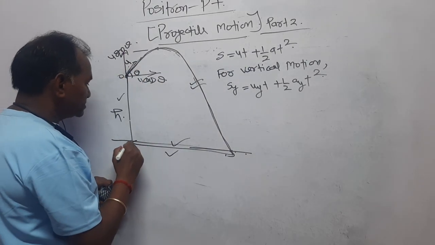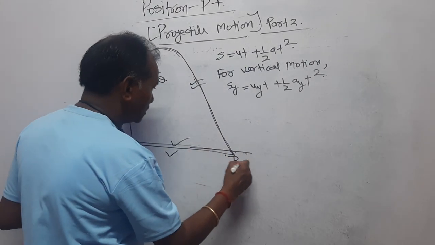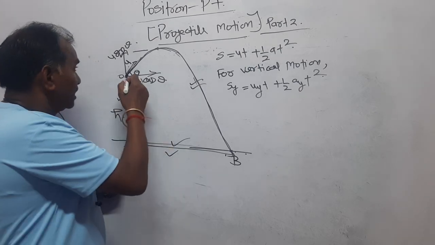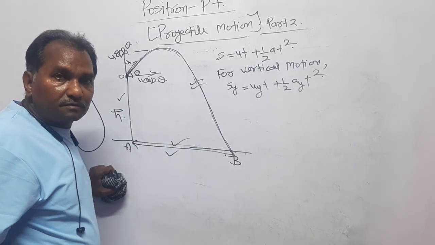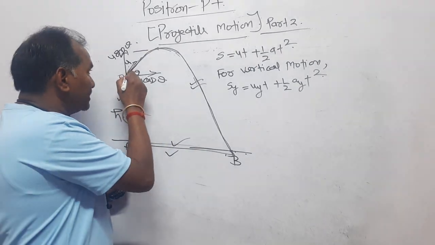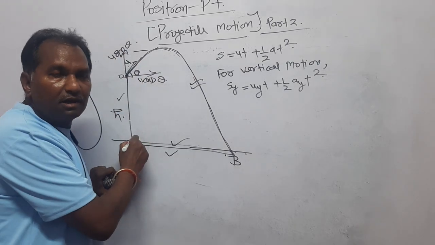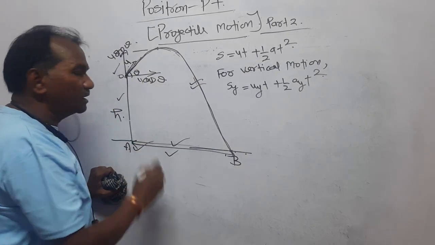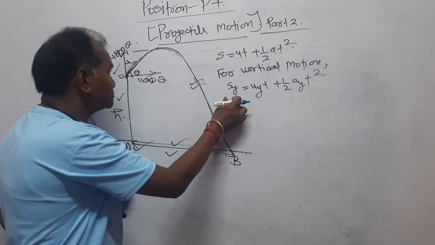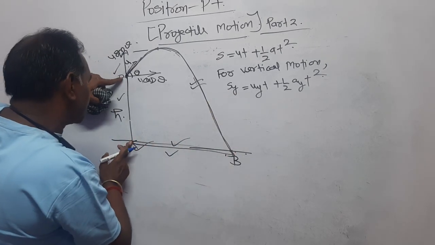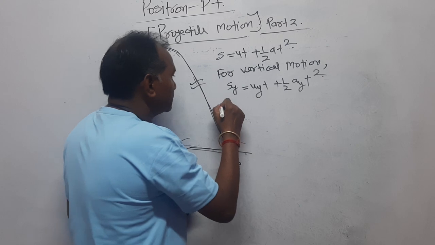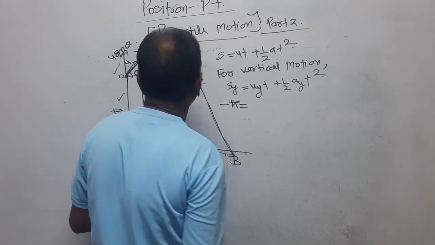So here is a point on the x-axis. On the vertical plane, on the y-axis, the body begins its motion from here, goes to here, and ultimately comes here. Initial point is this and final point is this. So the vertical displacement is that much, and below the origin, that is why you will consider minus h.